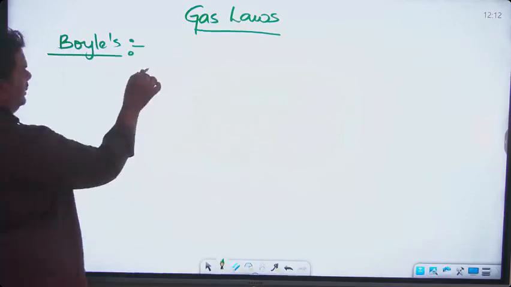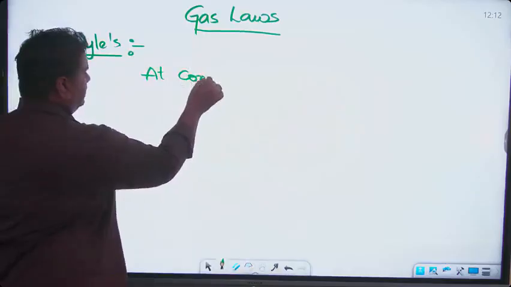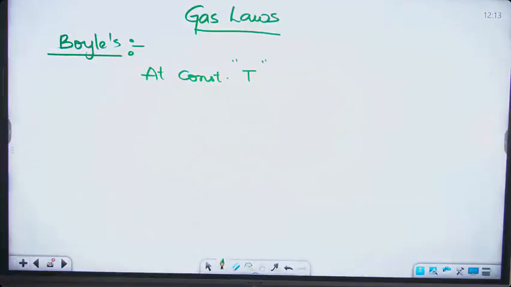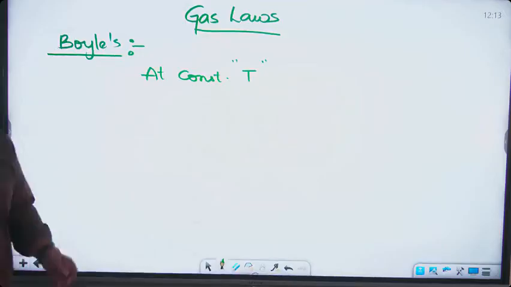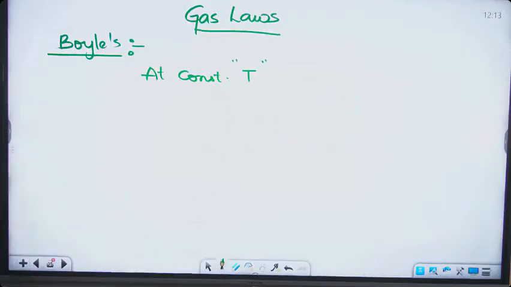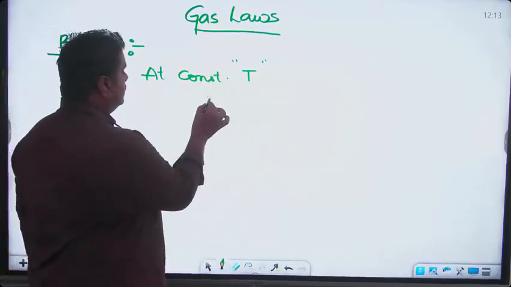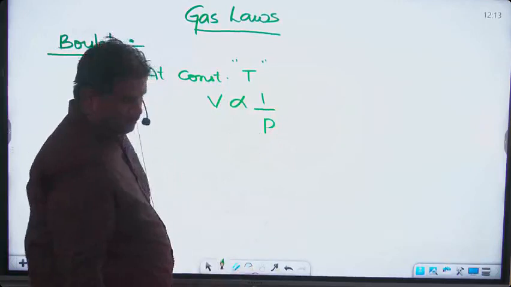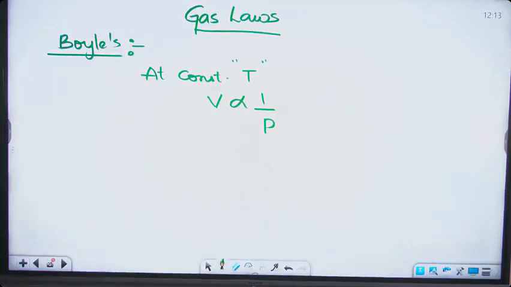So according to Boyle's law, at constant temperature, the volume occupied by any gas is inversely proportional to the pressure of the gas.